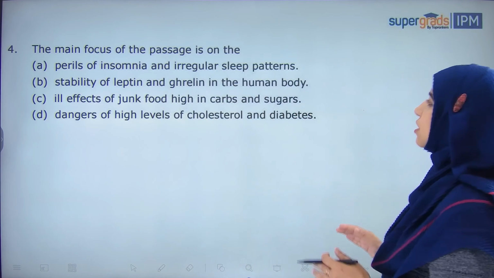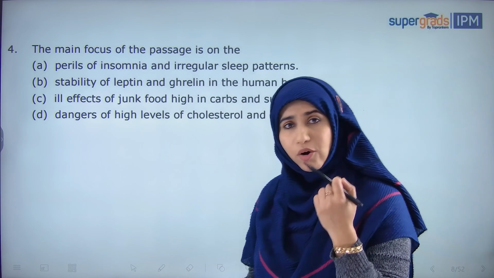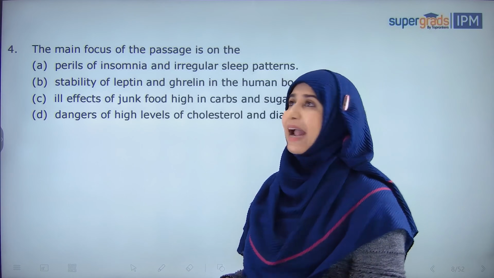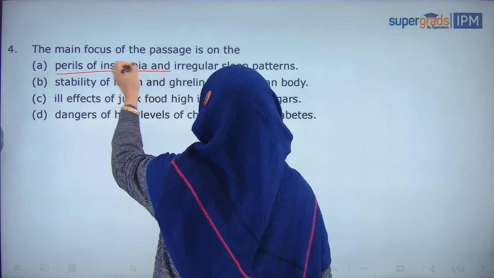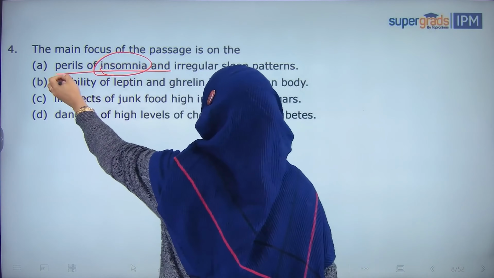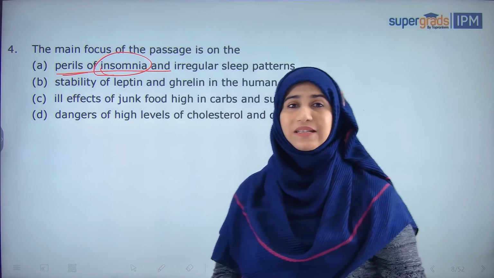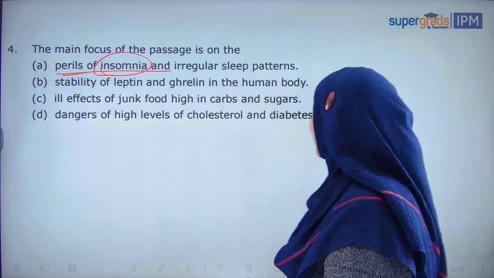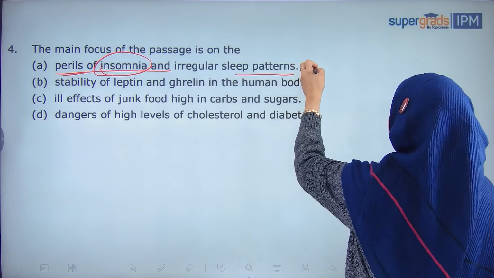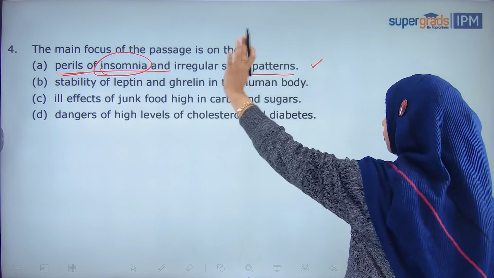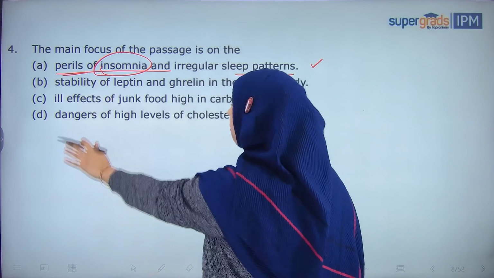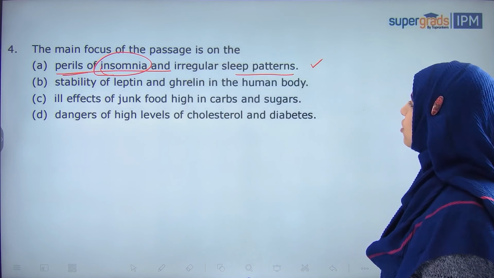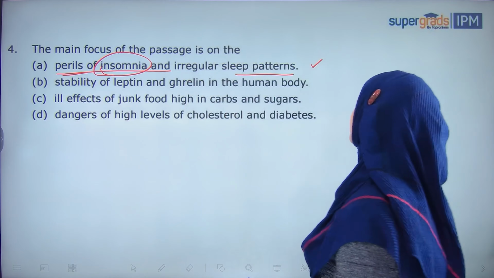Well, the author wanted to tell us about the importance of sleep and the perils of insomnia. Insomnia is sleeplessness, and what are the dangers? If you don't sleep enough, you will get some medical problems. Definitely this is a very good option, but of course we're not in a hurry. We have to evaluate all the other options. Option B, stability of leptin and ghrelin in the human body.